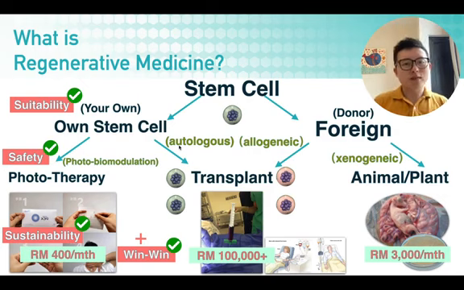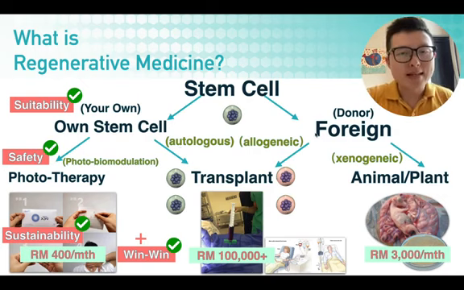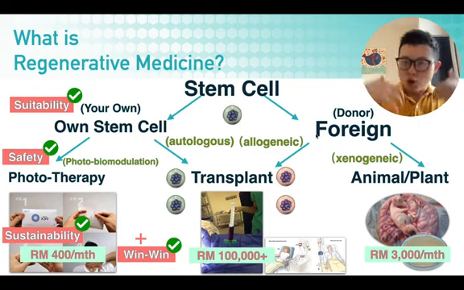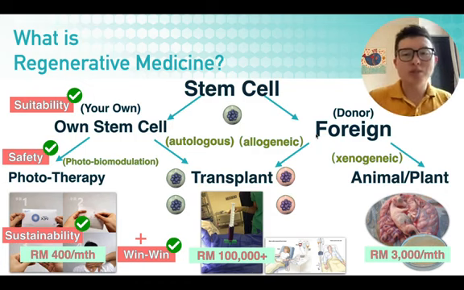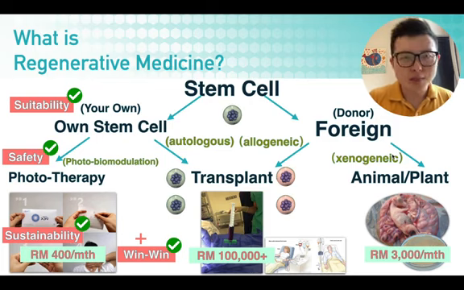Allogeneic is where you use also a human but another human being. Xenogeneic means a different species already. You use another living thing, like animal stem cell. It's called xenogeneic stem cell.